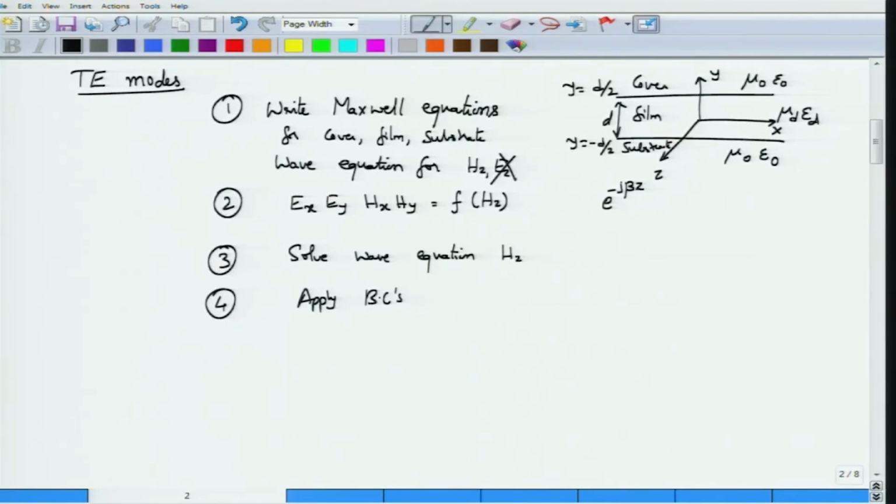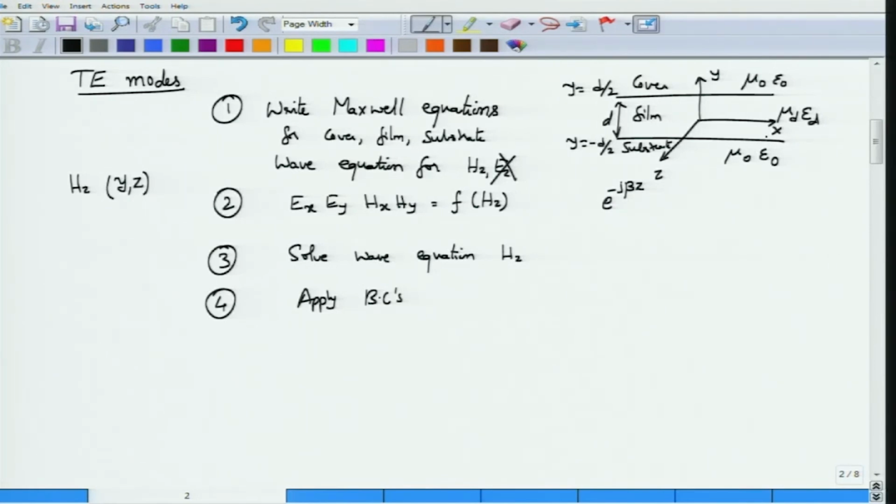Okay. For this particular TE mode, you will see that there is going to be an Hz component, but this Hz can only be a function of y and z. Of course it will be a function of time, but we are looking at the phasor solutions, so it would be a function only of y and z. Why is that so?